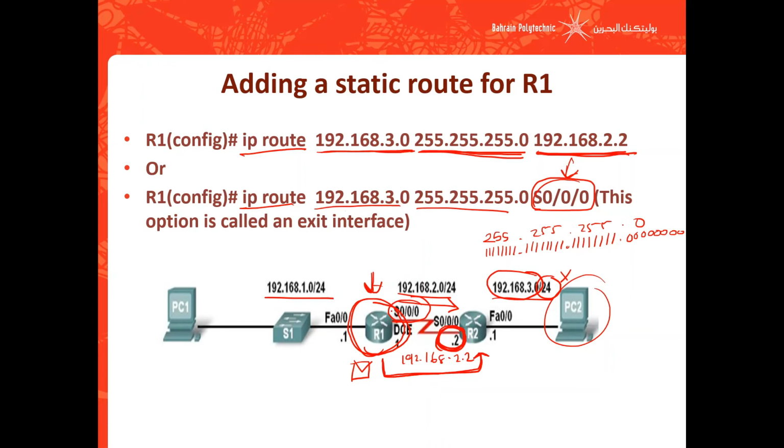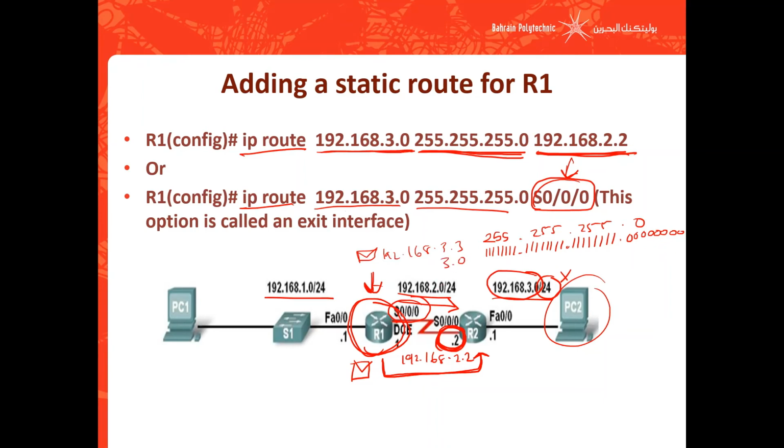Okay, so the packet would arrive here, and then it will see, okay, it is destined for 192.168.3.3, let's say. So it will say, oh, it belongs to the network 3.0.